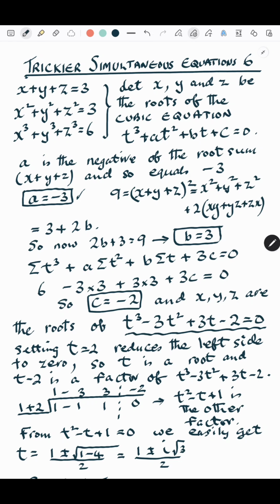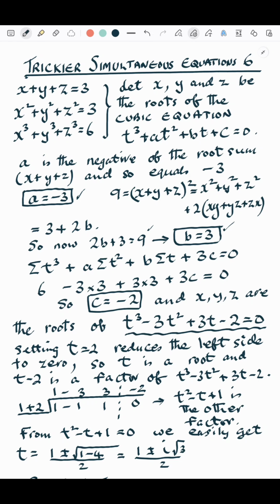The x squared plus y squared plus z squared is given as 3, and xy plus yz plus zx is, from the theory of equations, the coefficient of t, in other words, b. So we end up with 9 equal to 3 plus 2b, from which we can easily see that b is equal to 3.